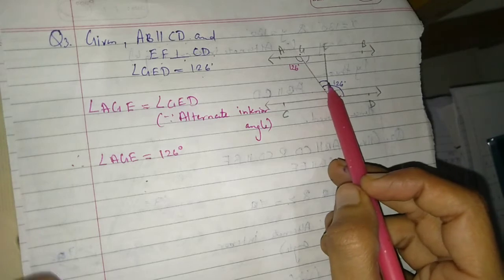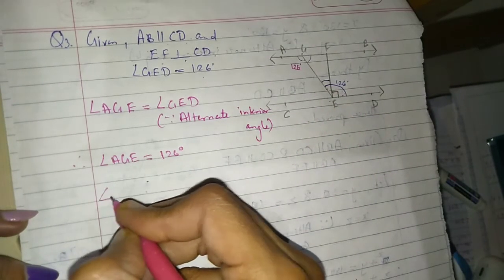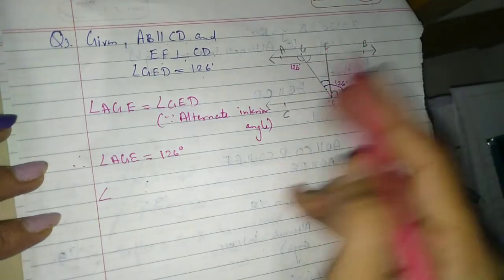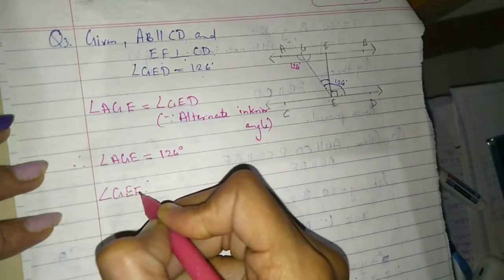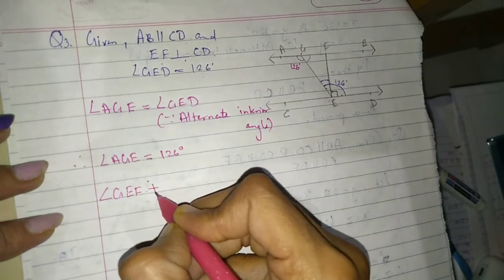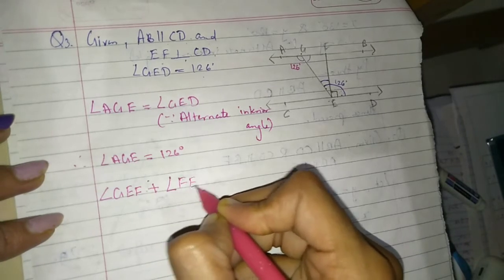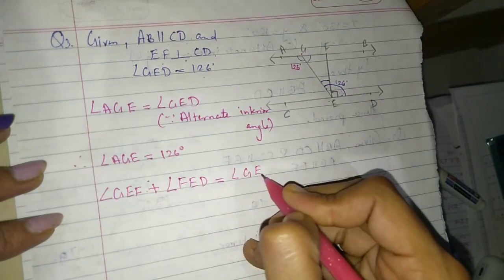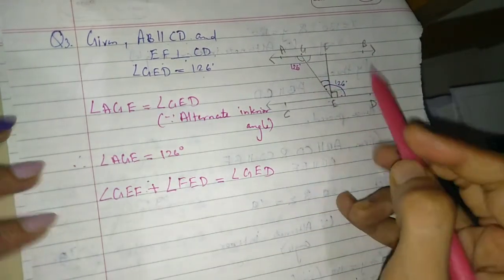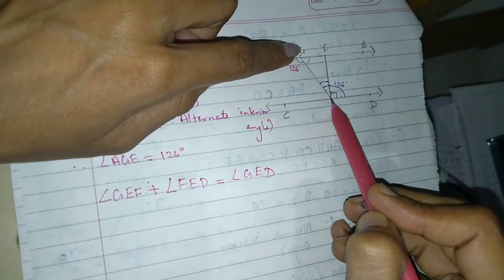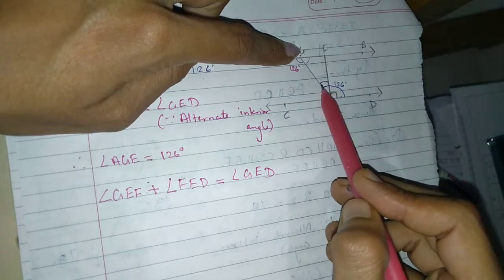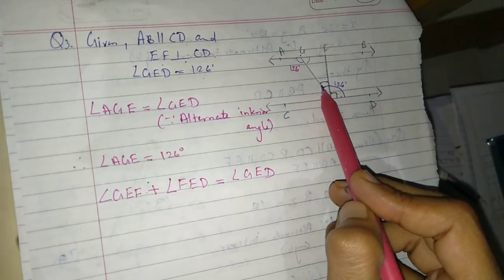So we can find this this way, that angle GEF plus angle FED equal to angle GED, whole angle GED. This is a perpendicular line, okay, so it is 90 degree, and this angle we have to find out, that is written as GEF.